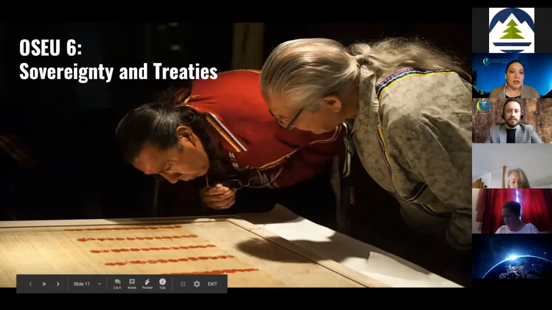OSEU number 6 addresses sovereignty and treaties. It encourages a critical discussion about these issues and how treaties impact communities today. These treaties were put in place many years ago, but they still have a tremendous impact on not only our people, but the survivance of our community's culture and language.